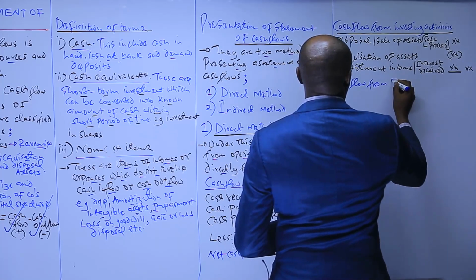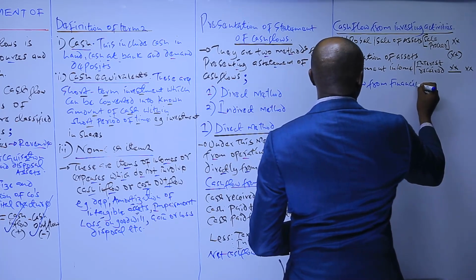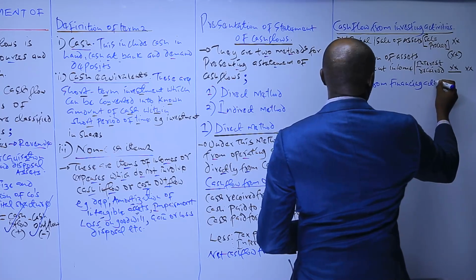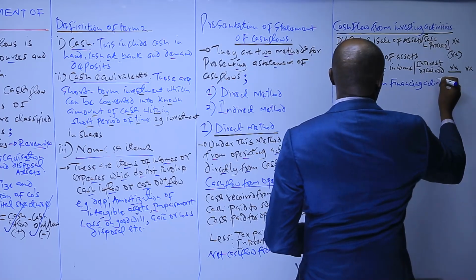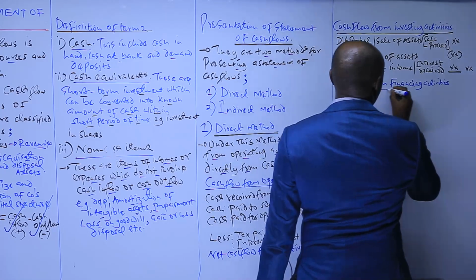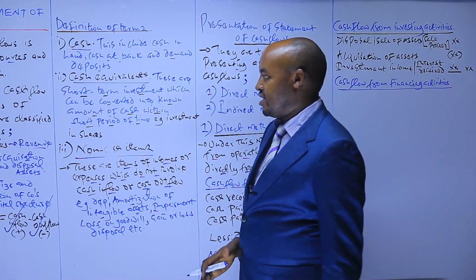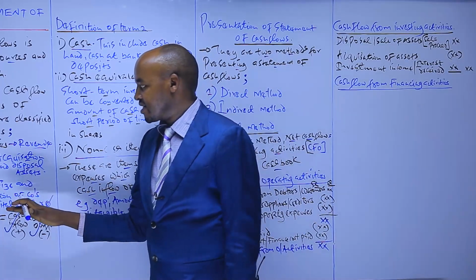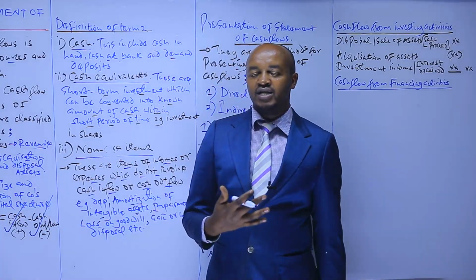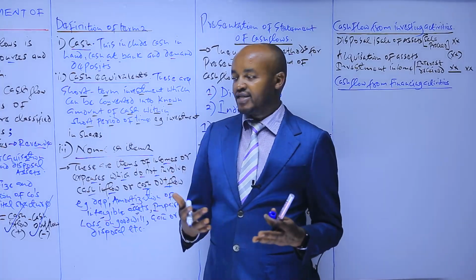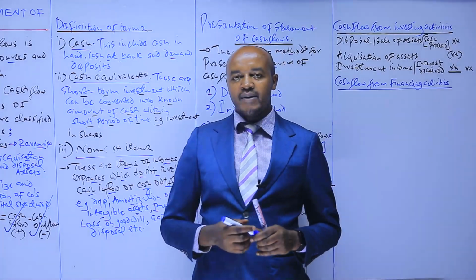And then finally, we determine the cash flows from financing activities. Equally, remember what you have said, that financing activities are those particular activities which affect the size and composition of the company's capital structure.